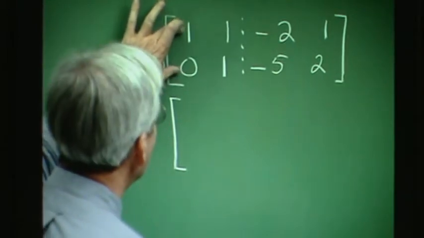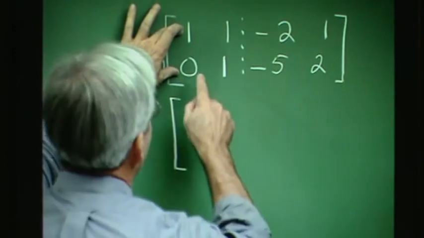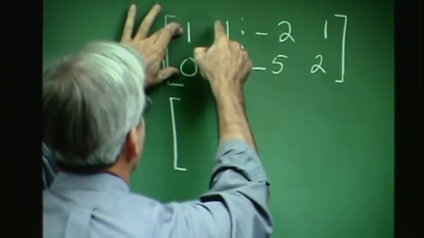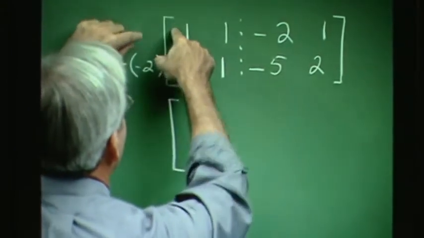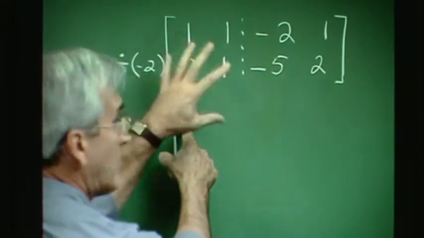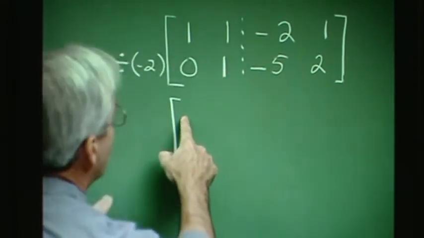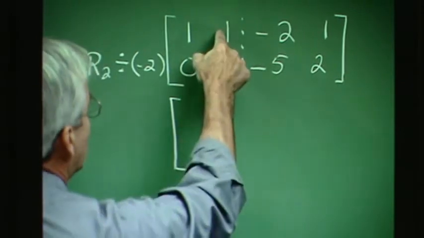I don't want to say, for example, the negative of this plus that, because if I do that, it would cause a -1 to occur here. So I have to be a little cautious right here. All right, so here's what I want to do. I want the negative of row 2 plus row 1.